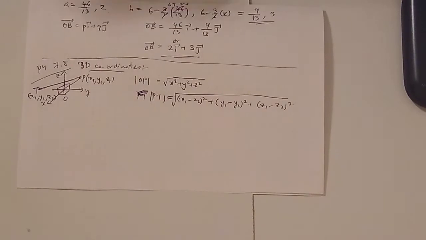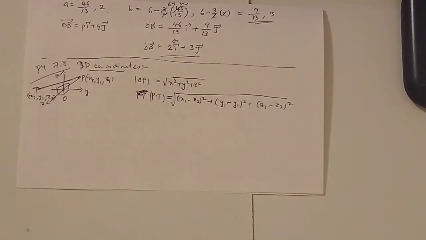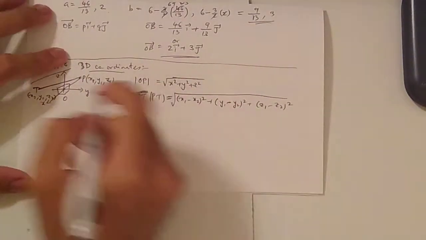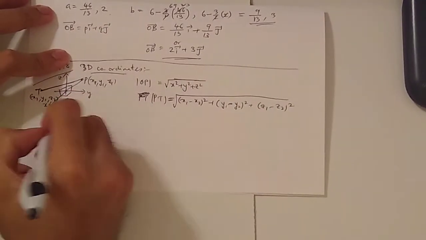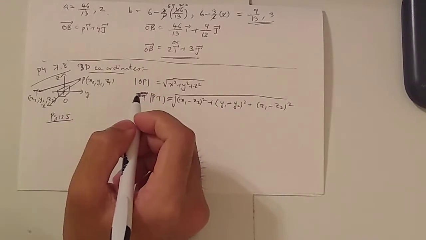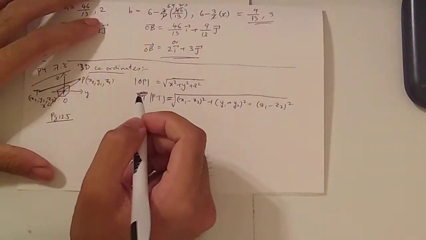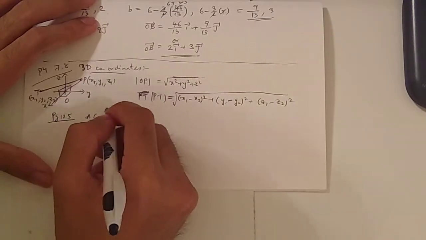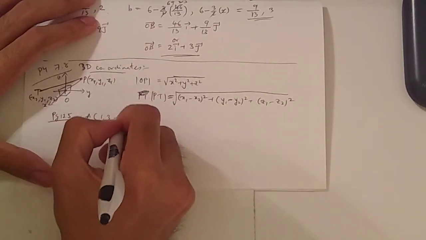Now let's consider an example. We'll be solving the challenge question on page 125, after exercise 7H. The first part of the question says that we have points A, B, and C. A has coordinates 1, 3, minus 2.